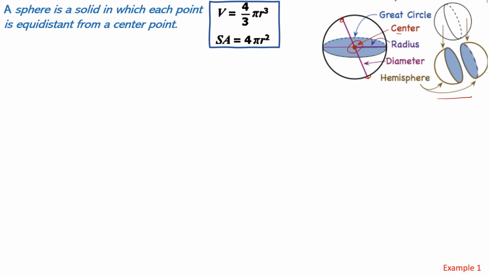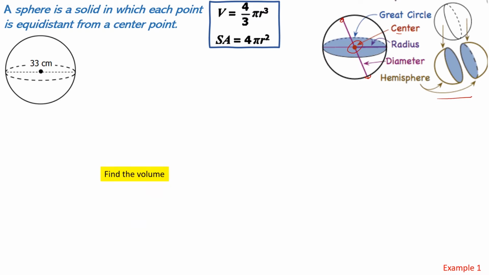The first thing we want to do is find the volume of the sphere, and the volume is the space inside of this sphere. If you think about a basketball, the volume would be the air inside of the basketball. So we want to find the volume of this sphere right here. This piece is 33. That 33 represents the diameter, because we have this line going from one end to the other.